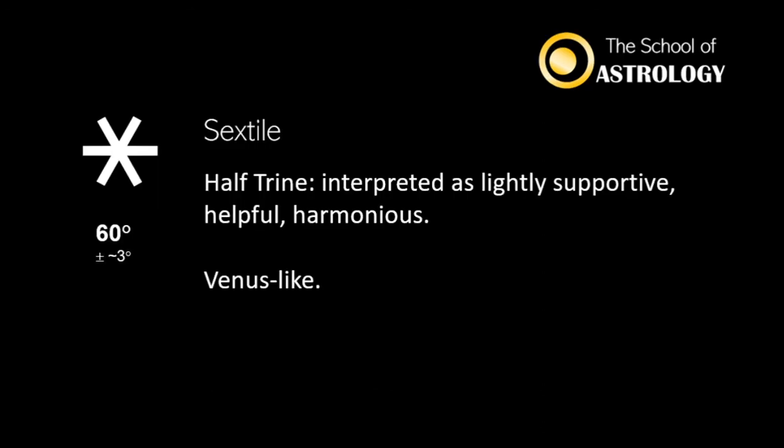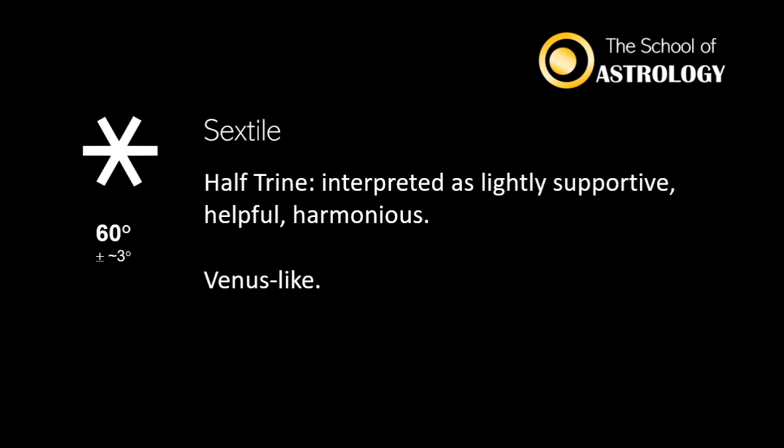So now we come to the sextile. The sextile is an aspect that we receive if we divide the 360-degree circle by 6. The recommended orbis is 3 degrees in general for the lights and for the planets.